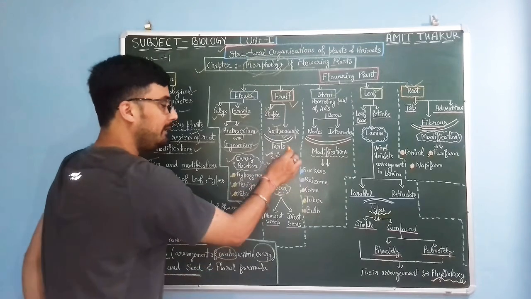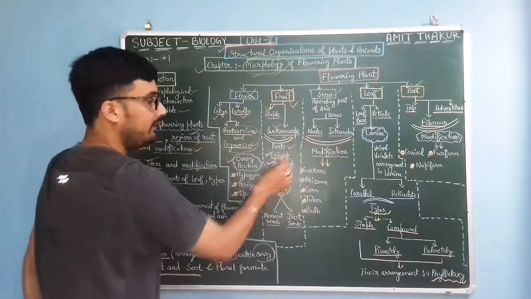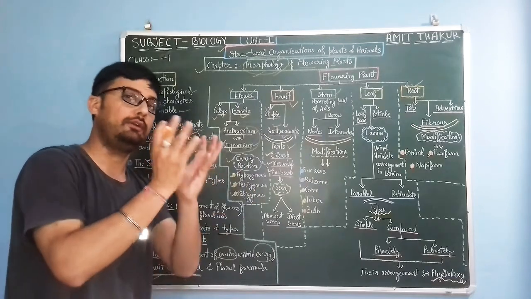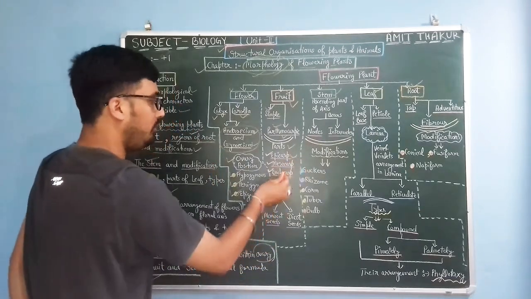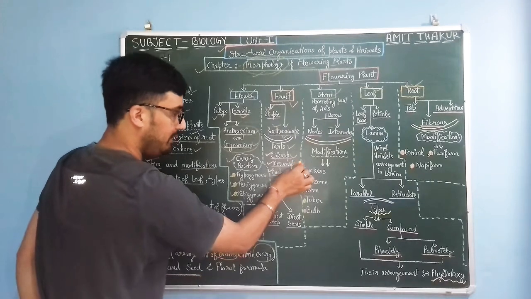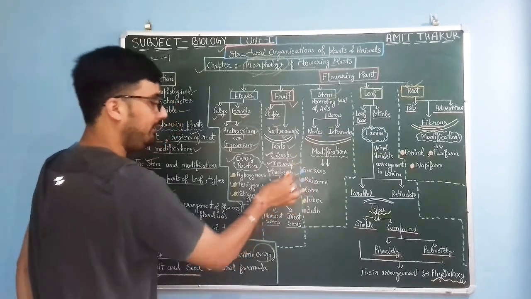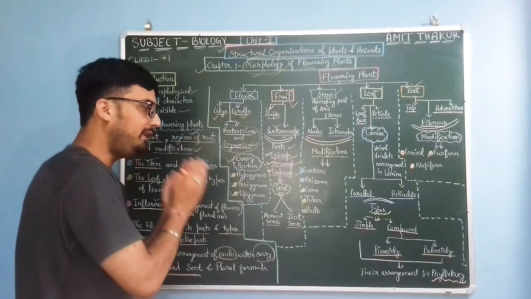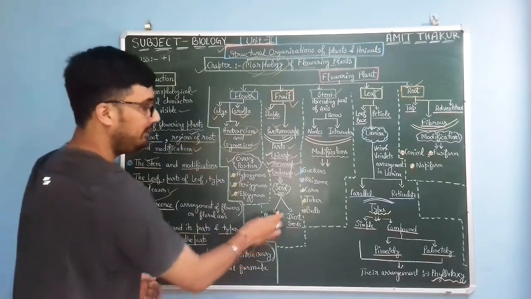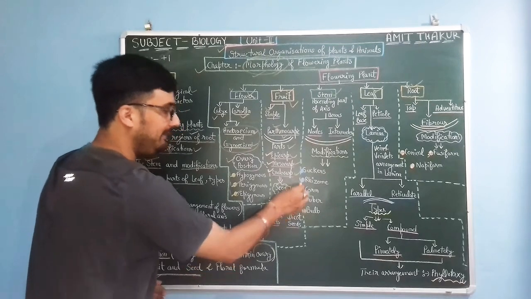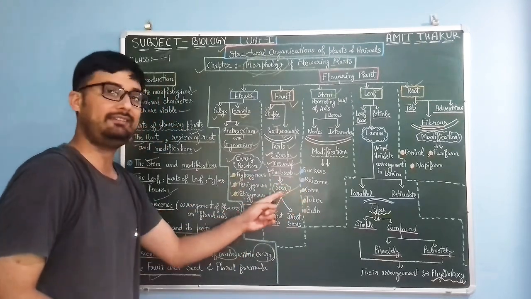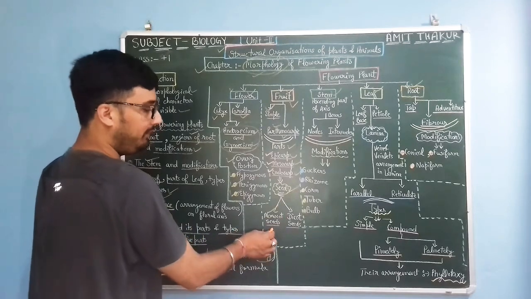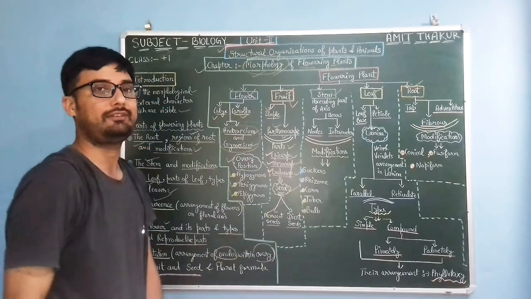Then the parts of fruits. Suppose there is a mango fruit, what are the parts of this mango fruit? Epicarp, the outermost layer; mesocarp, the middle layer; endocarp, the innermost layer; and in the middle part of the fruit, innermost part, there is the seed. After the endocarp there is the seed, and the seed can either be a monocot seed or a dicot seed.